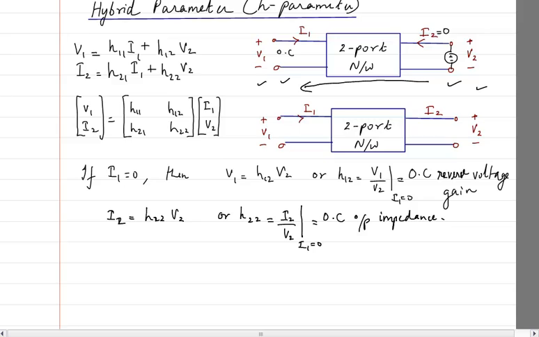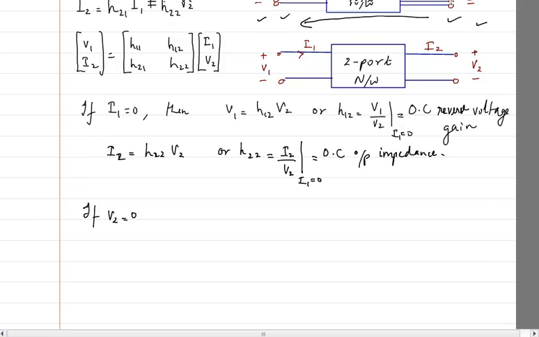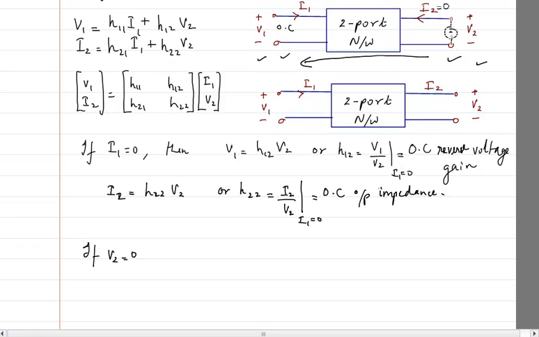Similarly, if V2 is equal to 0, then the first equation is V1 is equal to H11 I1, or H11 is going to be V1 divided by I1 when V2 is equal to 0. So how do you make V2 equal to 0? By short circuiting, correct?